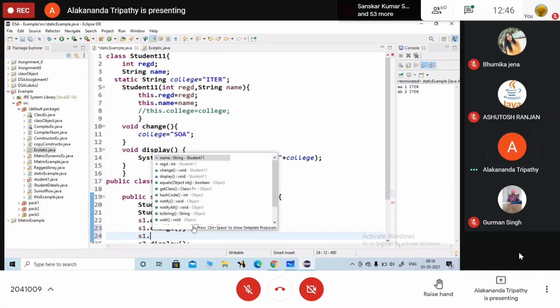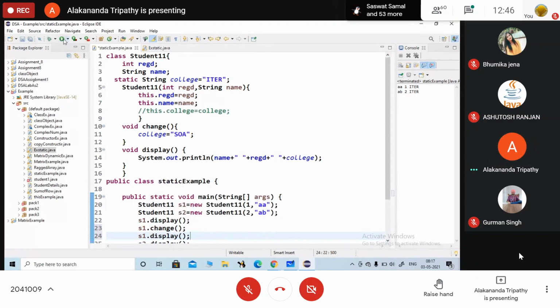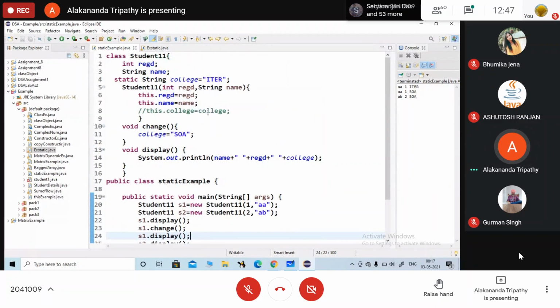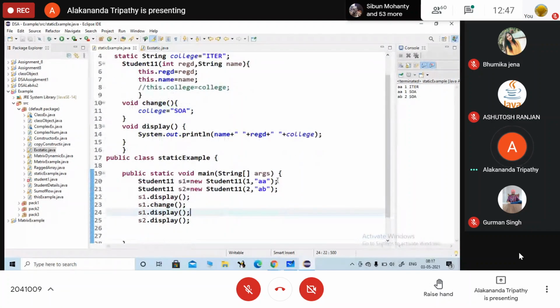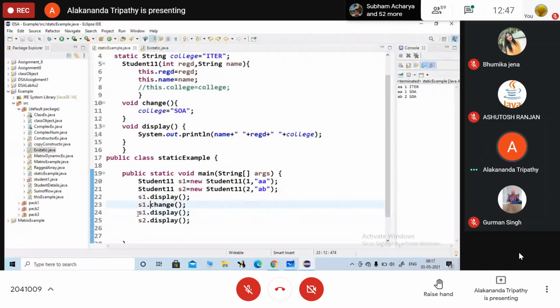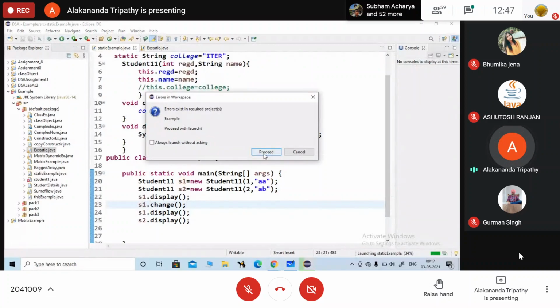What else? That is the problem. Okay, it is changing the value of the static method.